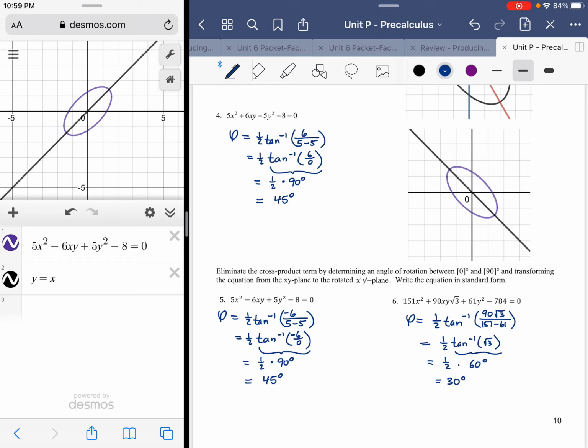All right. Now these problems are actually asking us to do a little bit more, but I'm just going to amend that now and say that we're just trying to determine the angle of rotation, because doing a conversion is really beyond the scope. This is an old pre-calc lesson.